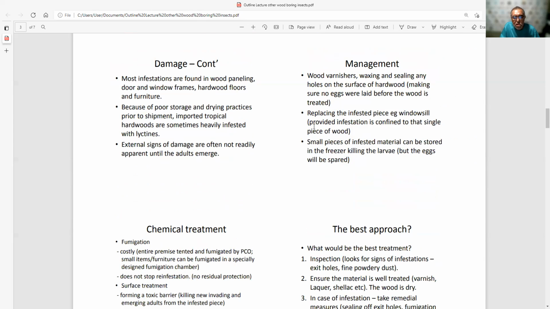Most infestations are found in wood paneling, doors. Flooring uses panels, so it can be infested by beetles as well. Window frames, hardwood floors and furniture, because of poor storage and drying practices prior to shipment.